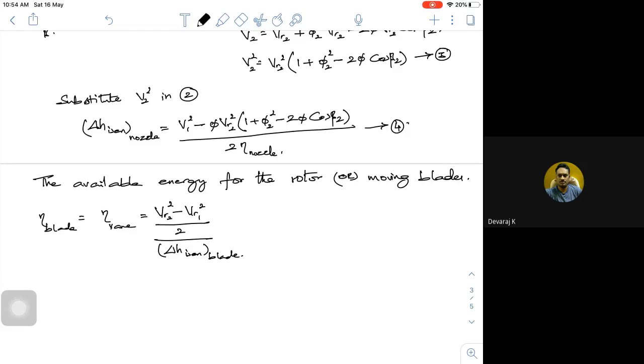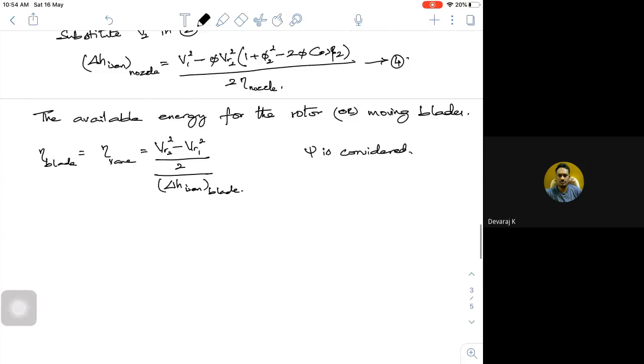Now, if psi is the carryover coefficient and is considered, then your VR1 square will be considering psi.